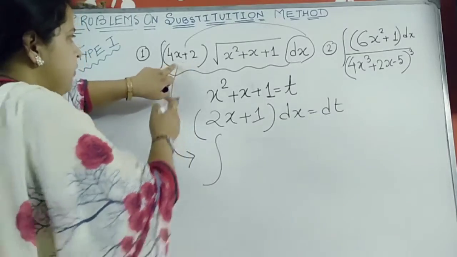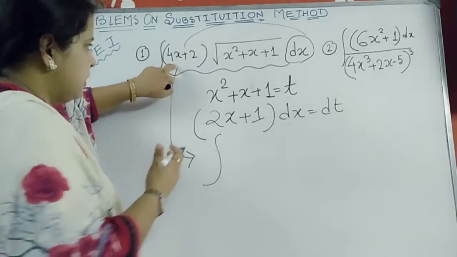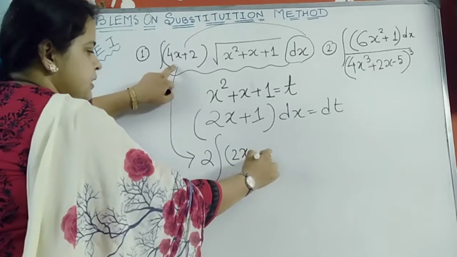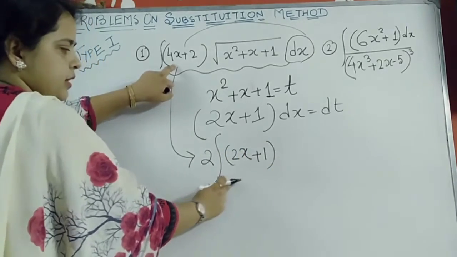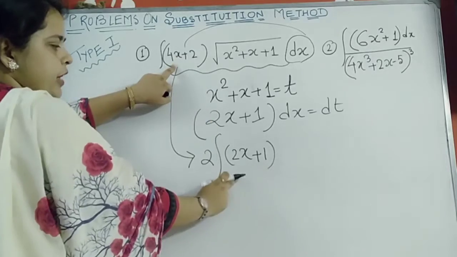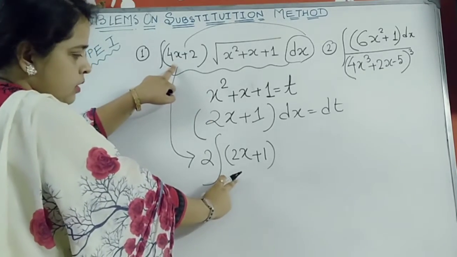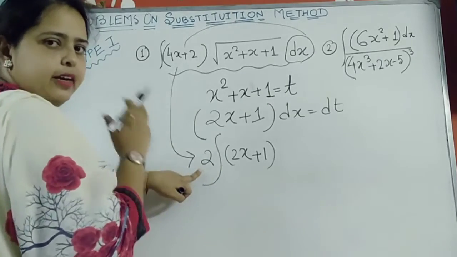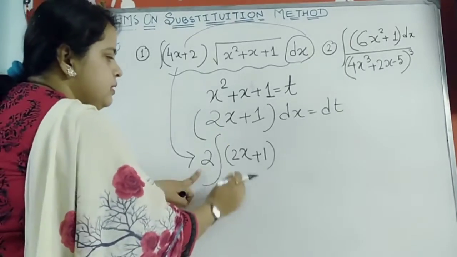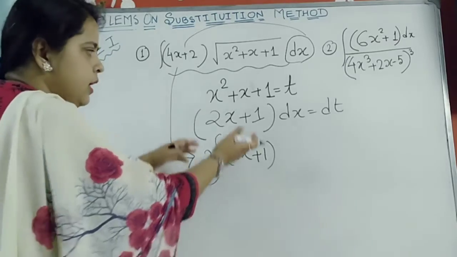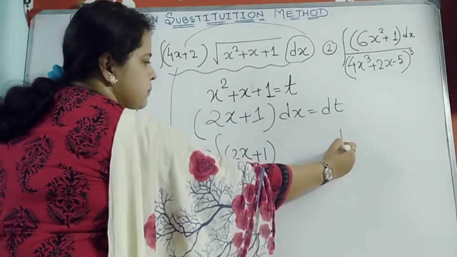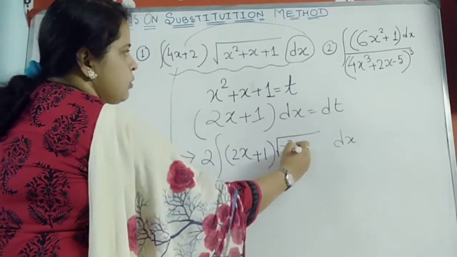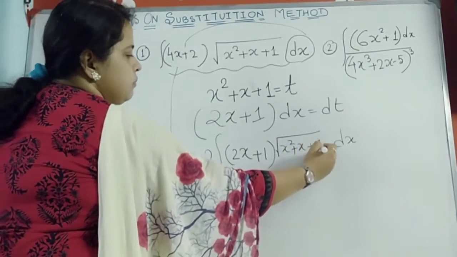See, if a 2 is common from the part, please focus on the one I am writing here. This 4x plus 2 is again written as 2 into 2x plus 1. And definitely I hope you understand what is the requirement of this 2x plus 1. This into dx is going to help me write down the value of dt.